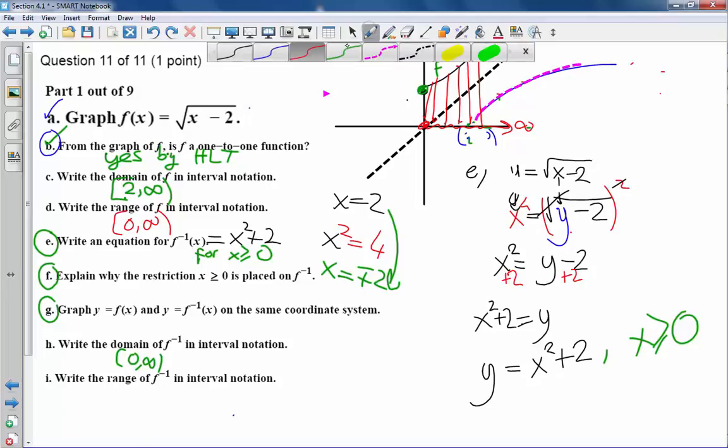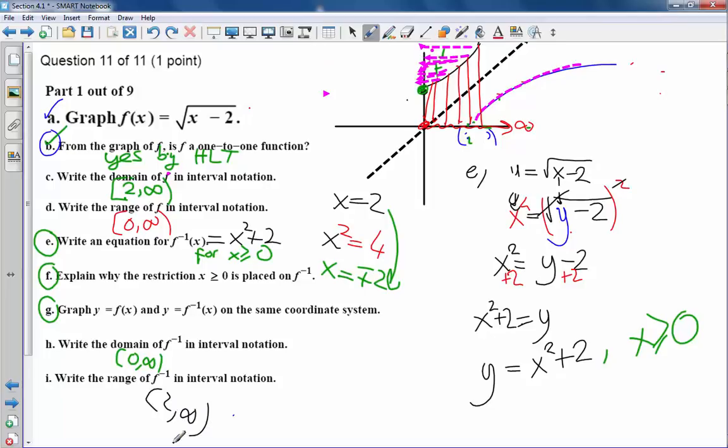Yeah, you can press this to the left and watch out for values, which is 2 to infinity, or you can cheat from f. The range of f inverse is the same as the domain of f, which is 2 to infinity. Okay?